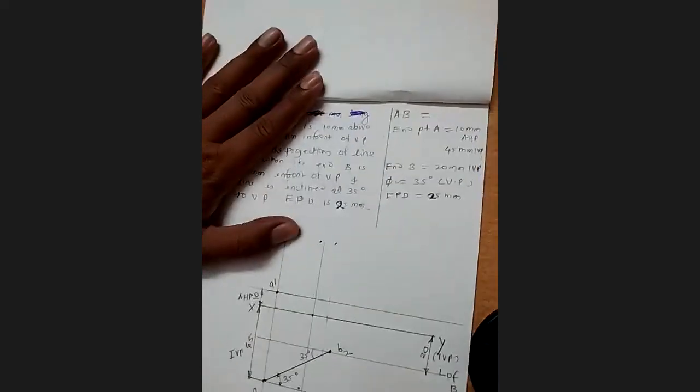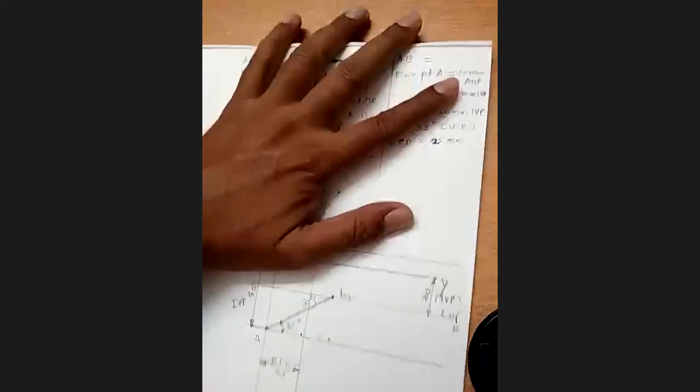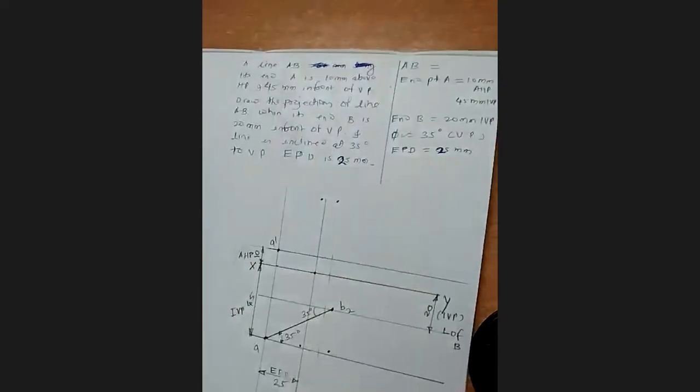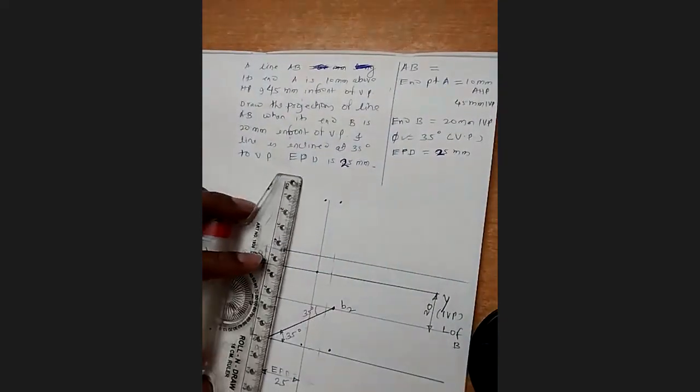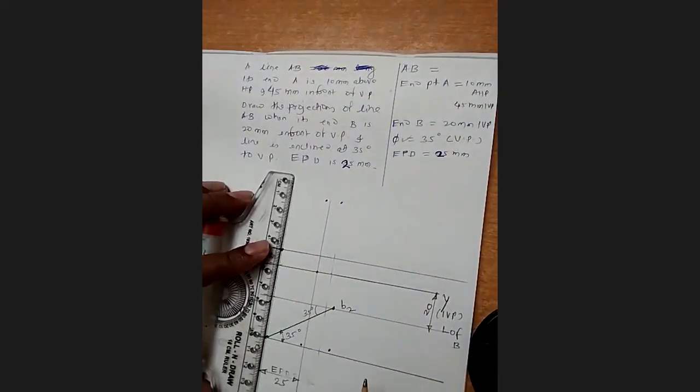Wherever it appears, we take the line from here vertically till it touches the locus of A dash. Similar thing we have to do here. We'll be extending it till it touches the A dash line. So let's take a vertical line.